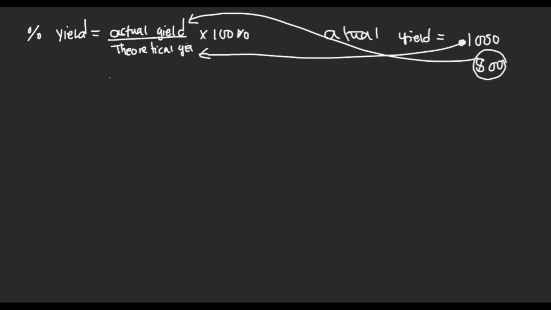If you are looking at the percentage purity, the formula still remains the same. It's actual yield over theoretical, but this time you have to look into this based on the purity. Then there are also other questions that require you to balance the chemical equation, for example mass to mass, then mole to moles.